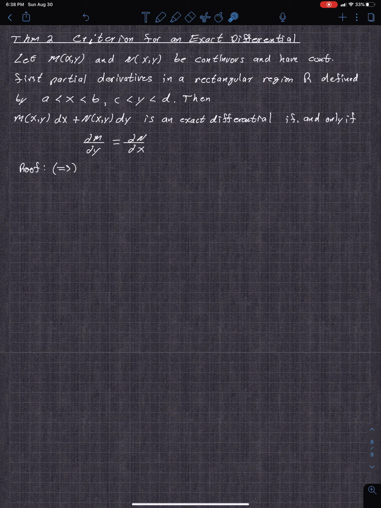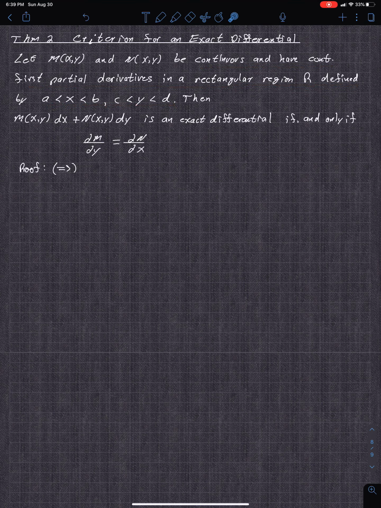Theorem 2, criterion for an exact differential to exist, basically. Let's write this down. Let M and N be continuous and have continuous first partial derivatives in a rectangular region R. That's just some rectangular region, right?